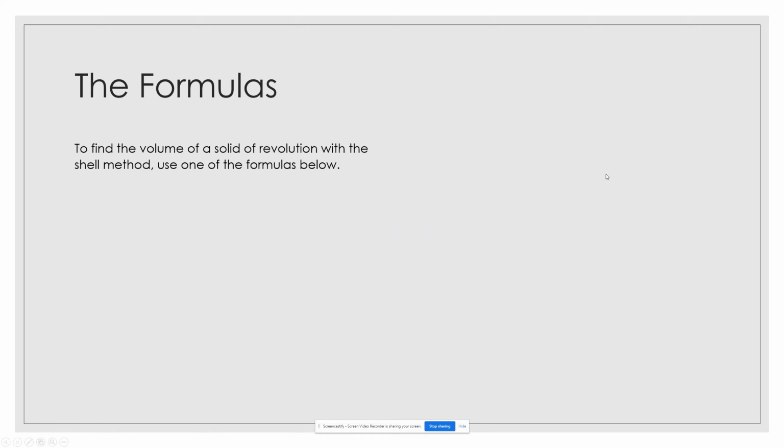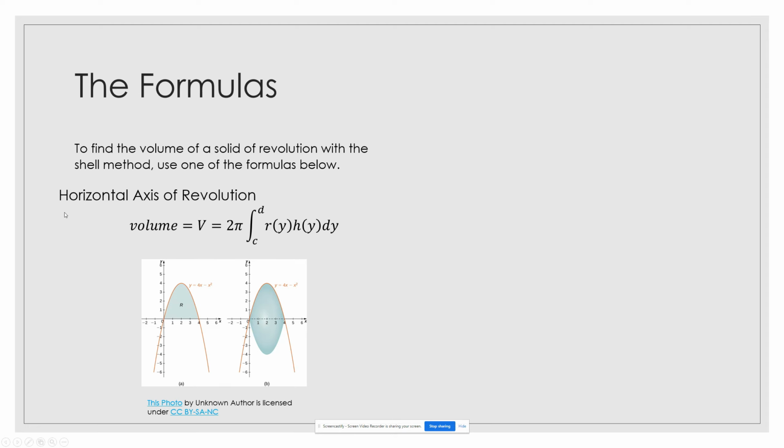So a couple of formulas. The first formula that we are going to look at is for a horizontal axis of revolution, so revolving around the x-axis, for example. If you have a horizontal axis of revolution and you want to find the volume of this shape, you are going to draw your rectangles parallel to the axis of revolution.